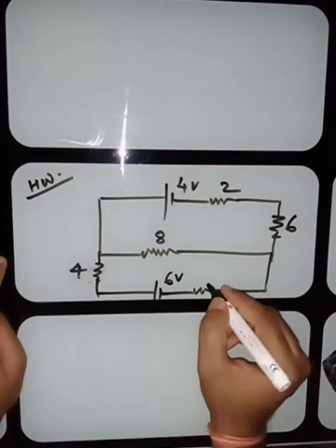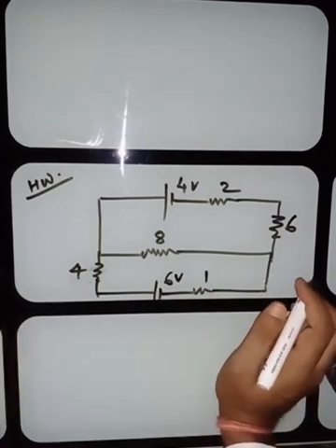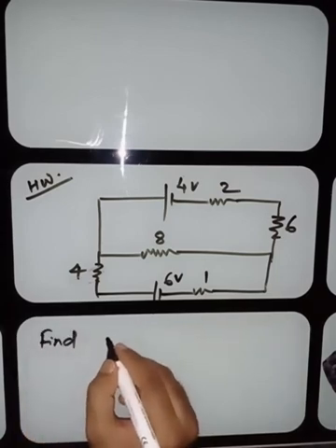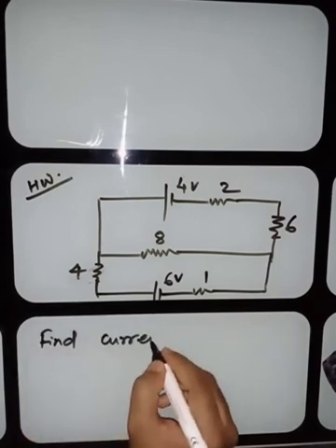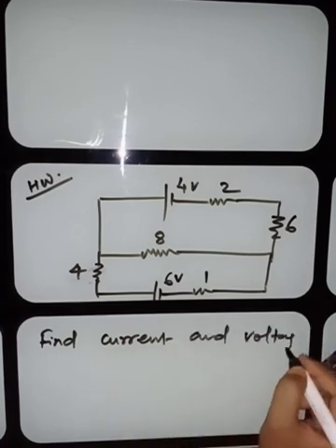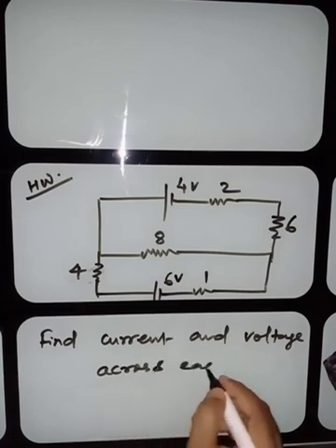Okay, and this is 1 ohm. You have to find current and voltage across each resistor.